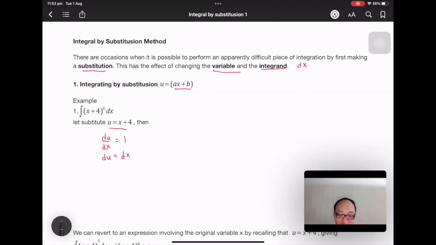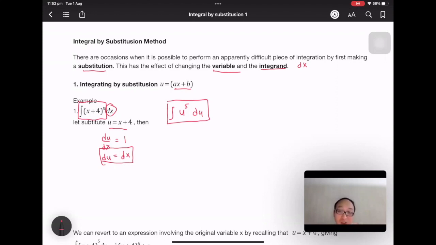So now the question is changing into integral of x plus 4, which becomes u to the power of 5, and dx becomes du. Using the substitution, this substitution method is to simplify the expression from the complex expression into the simple expression that can be easily integrated.